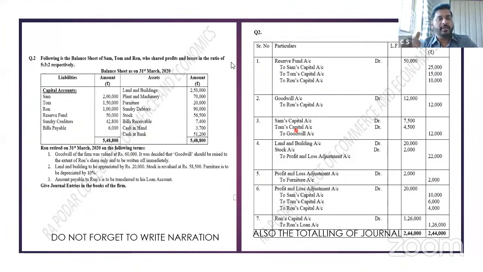But I tell you, most of the time, the board and the whole group of examiners or moderators would always try to somehow protect you and neglect such kind of mistakes, and they would give you credit. But if you are a rank holder or a student who is scoring full marks, definitely you will be penalized for it. So I would always say read the statement and then only decide what is to be done.